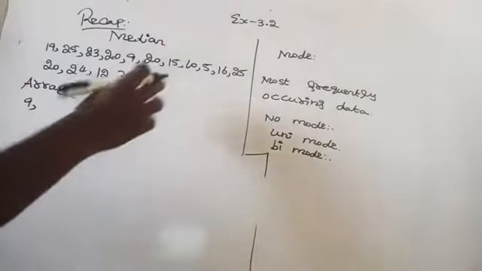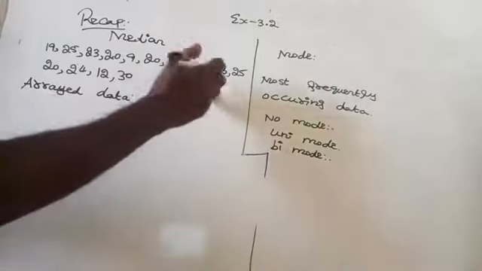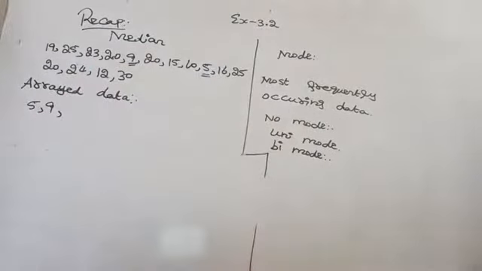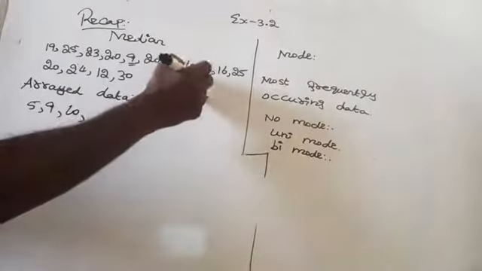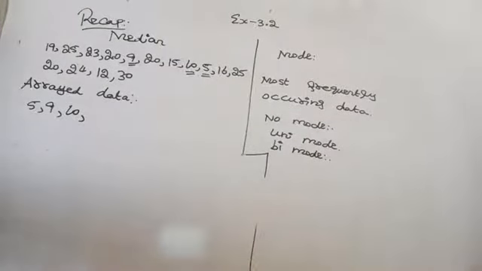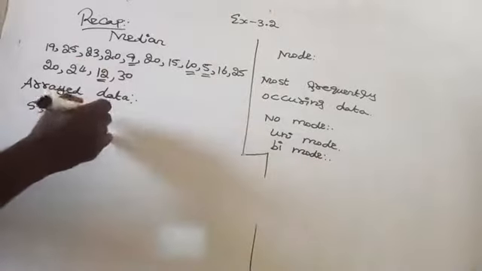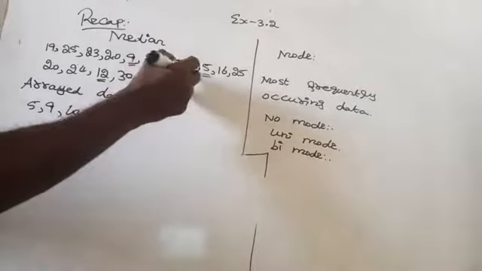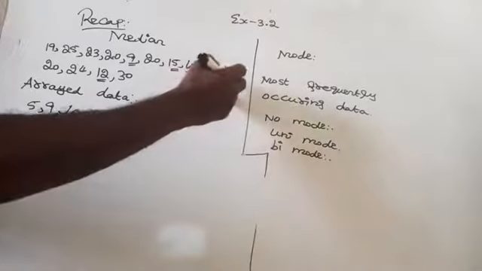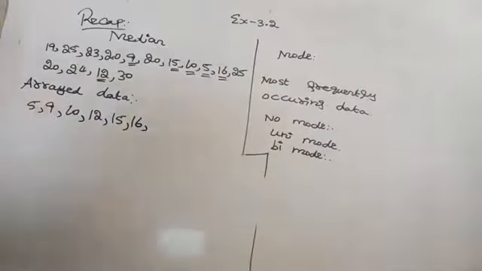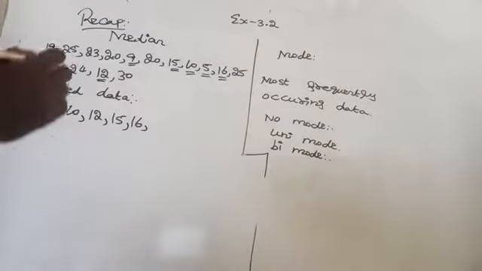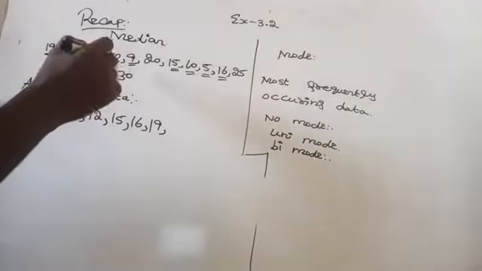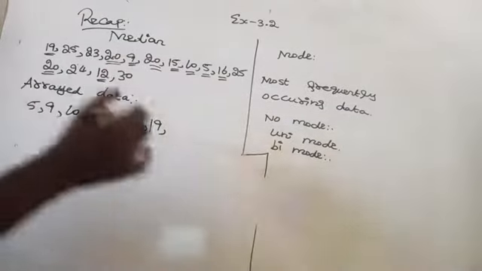After 9 we have 10, after 10 comes 12, after 12 comes 15, then 16, then 19, and then 20, three times.